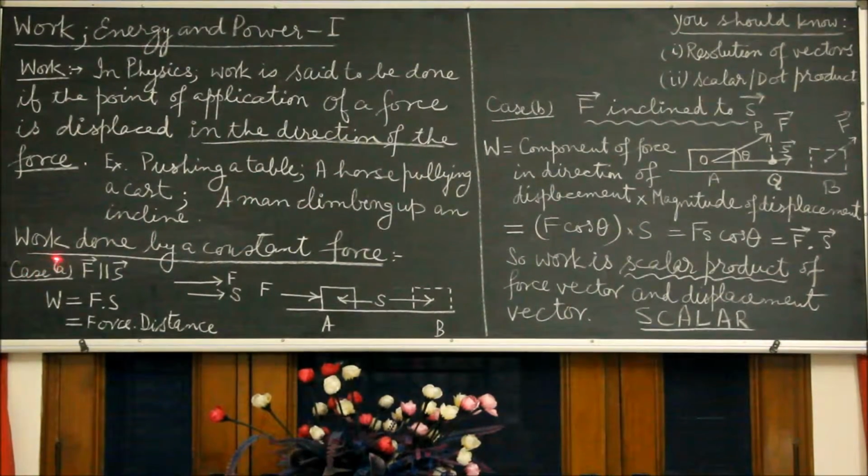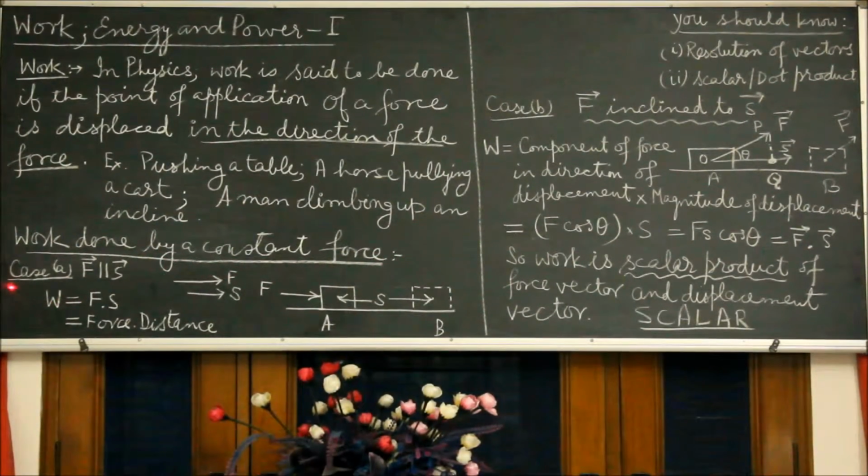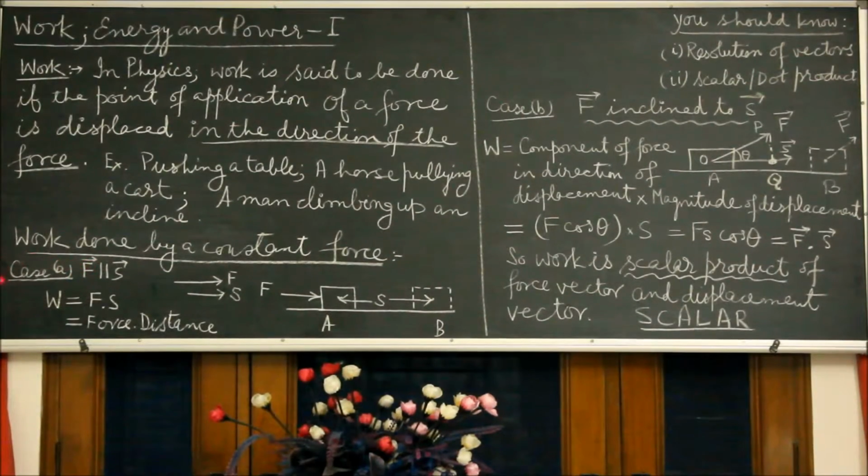Now, for the definition of work, let's find out the work done by a constant force first. Here we have two subcases. Case A, where F and S are along the same direction, that is, F is parallel to S. The situation is shown here. We have an object on a surface.